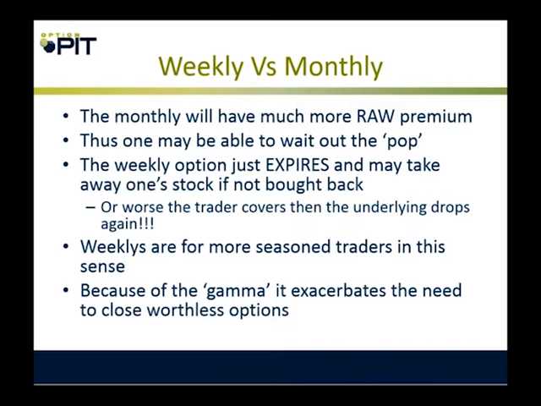Or worse, the trader covers and then the underlying drops again. Weeklies are for more seasoned traders in that sense because the gamma exacerbates the need to close worthless options. All right, if you're trading weeklies and you are not shutting them down when they get worth less than a nickel, you are taking unnecessary risk.